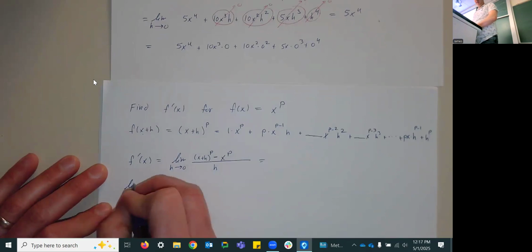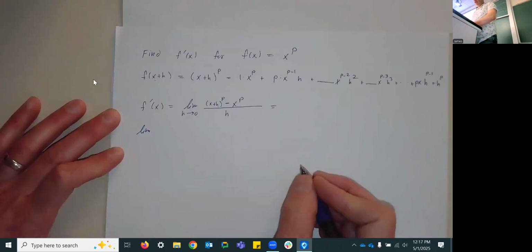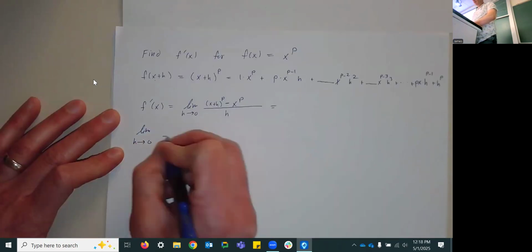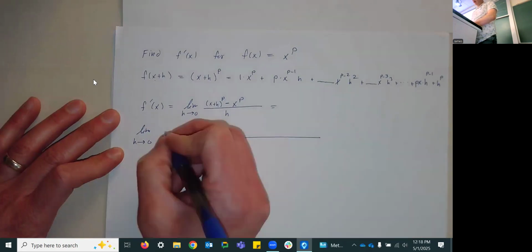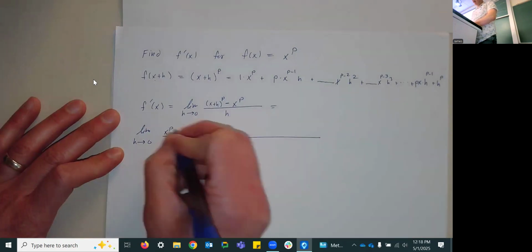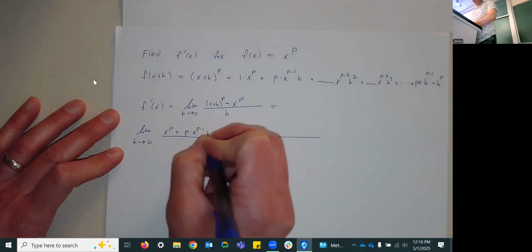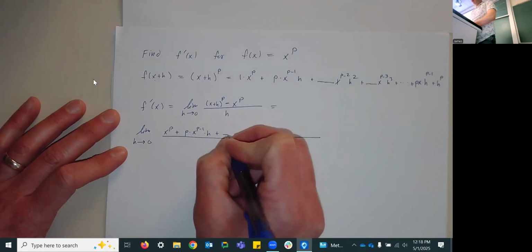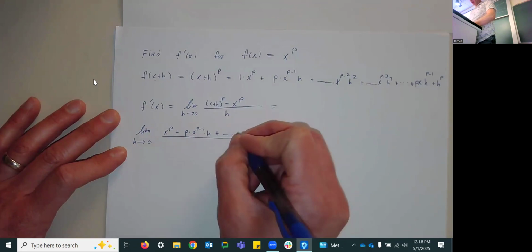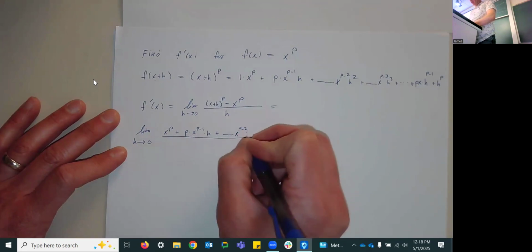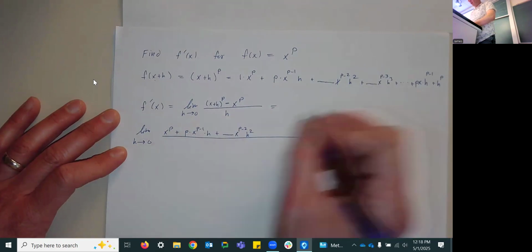So we're going to have the limit as h approaches 0. Let's see, we've got x to the p plus p times x to the p minus 1 times h plus something times x to the p minus 2 times h squared. I don't really care about the next term, but I'll write it anyway.